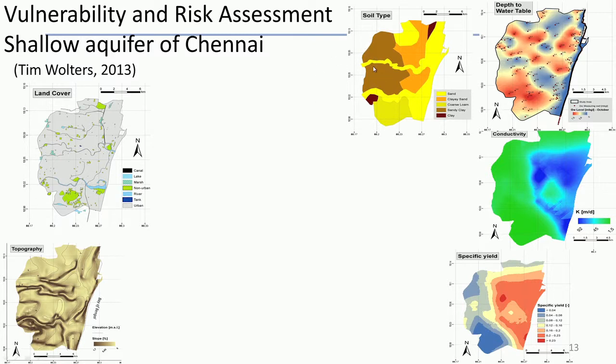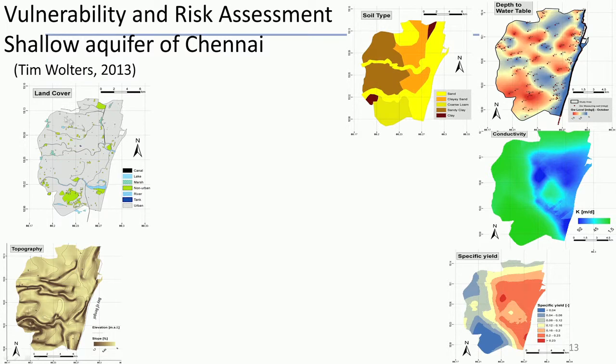Now, the good part here is that we can use geographical information systems, GIS facilities, to calculate and reclassify the individual input components to be able to calculate an index from that.